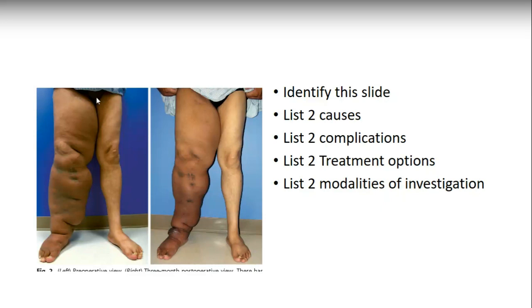So list two complications of this disease. Can someone attempt it? Cancer or sepsis. Sepsis, yeah. Infection, yeah. Correct. Infection, yeah. That's one, but not cancer. Cancer, yeah, but that should be down the list.